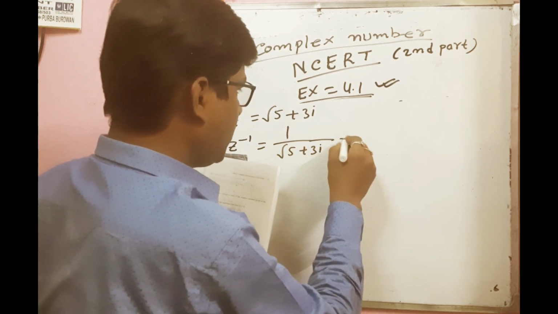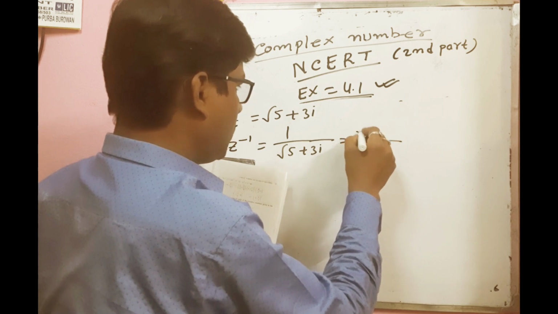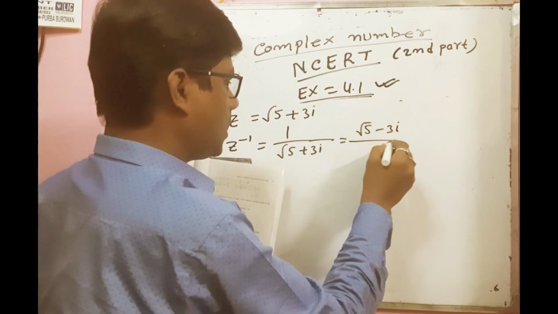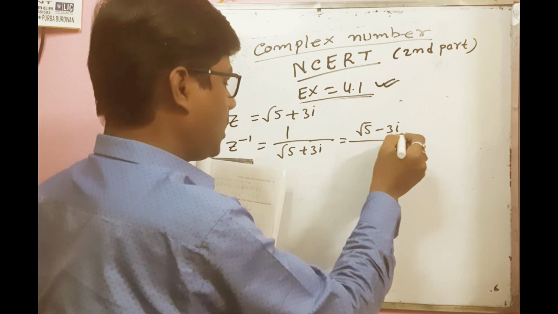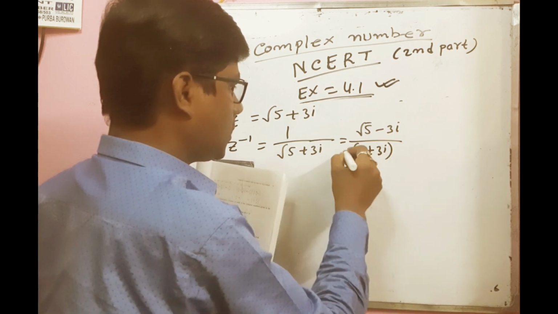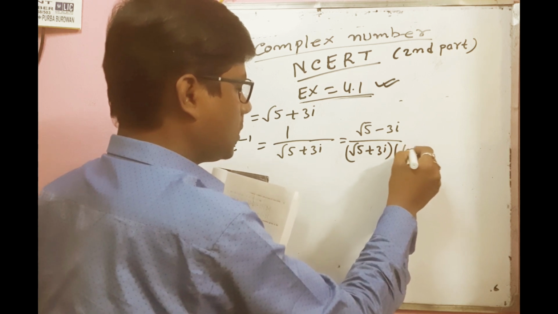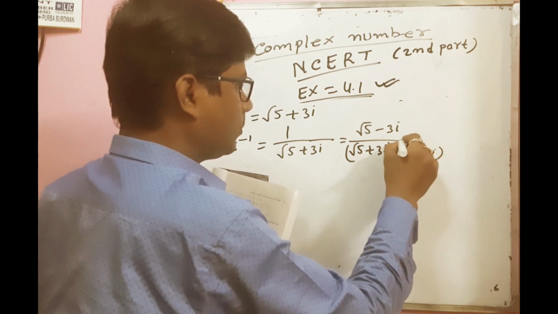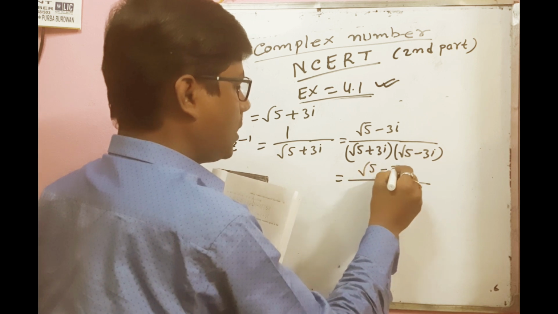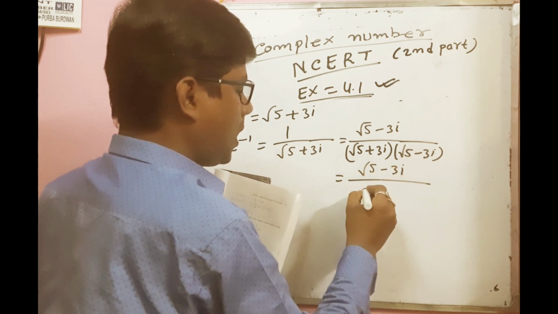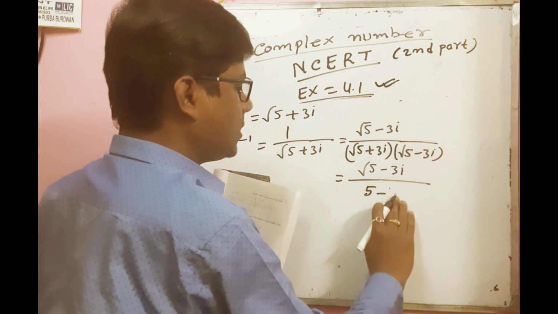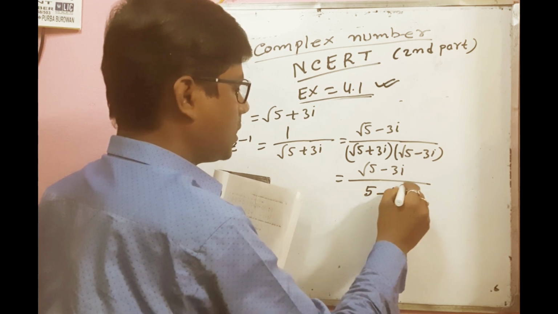Now multiplying root 5 and this one, now multiplying with this one, then we get root 5 minus 3i, and this is the formula, 5 minus 3 square, that is 9i square.